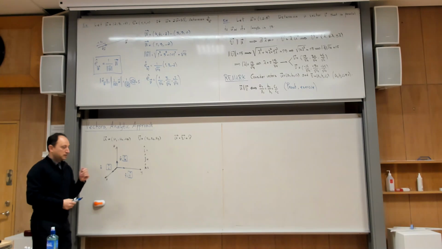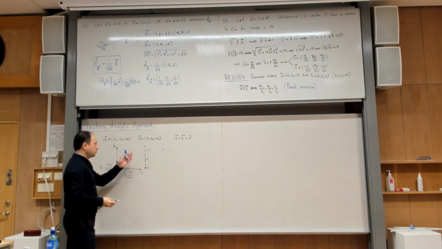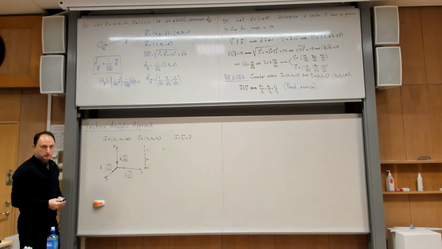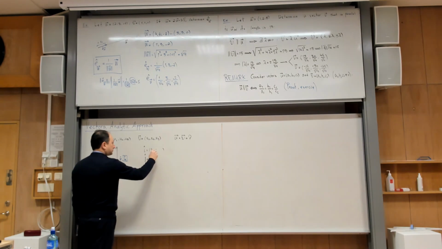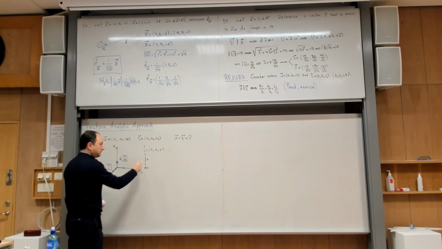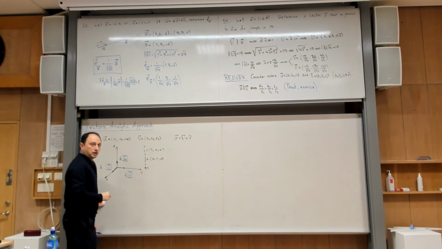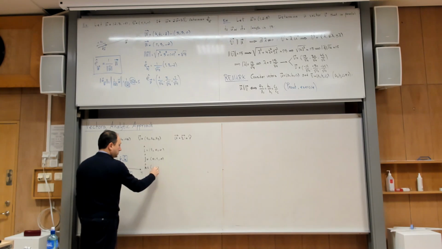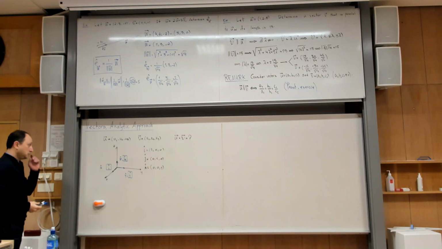Then you can immediately write the components. So it is 1, 0, 0. And this one is what? 0, 1, 0. And this one? 0, 0, 1.